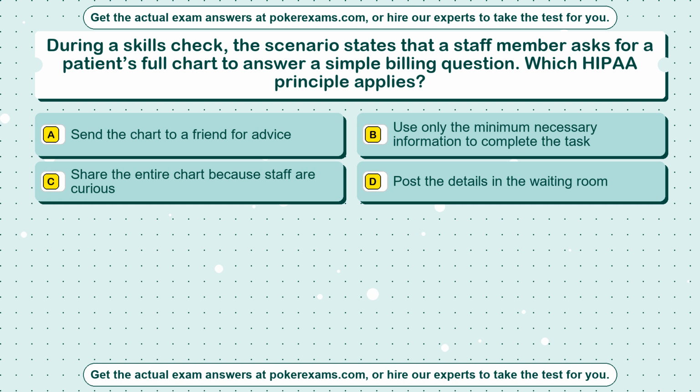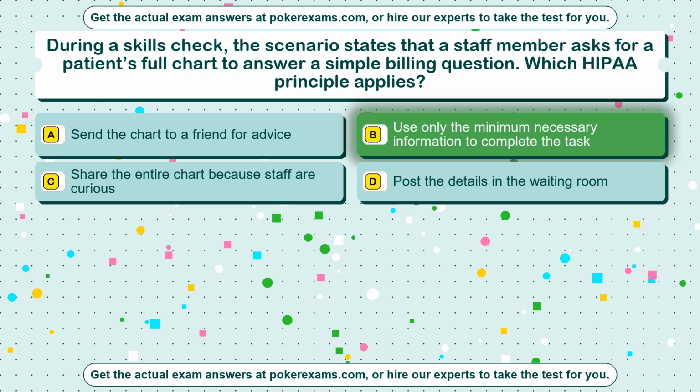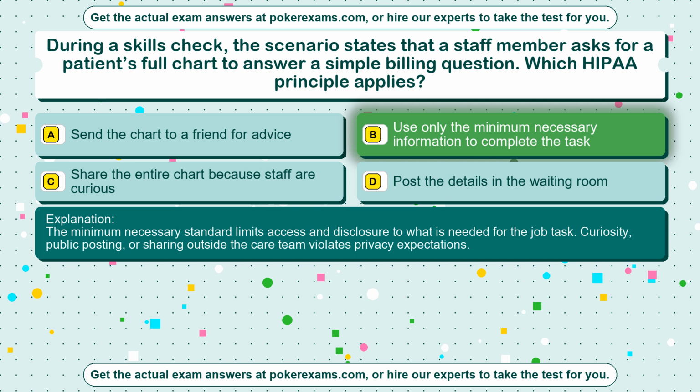Option D, post the details in the waiting room. The correct answer is option B. Use only the minimum necessary information to complete the task. The minimum necessary standard limits access and disclosure to what is needed for the job task. Curiosity, public posting, or sharing outside the care team violates privacy expectations.